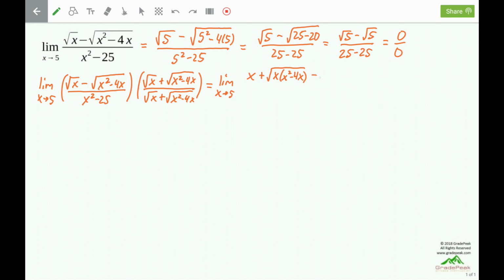The inside, the same thing but negative, because of the negative root of x squared minus 4x times a positive root of x. And then the last, which is the negative root of x squared minus 4x times the positive root of x squared minus 4x, will become a negative of x squared minus 4x. The most important thing is put parentheses around that, and the negative is going to distribute onto it.